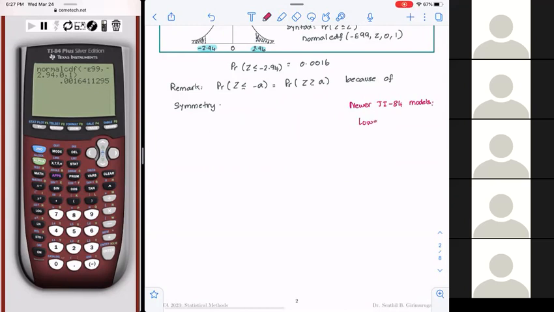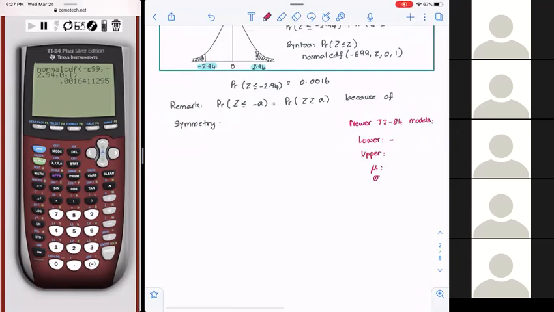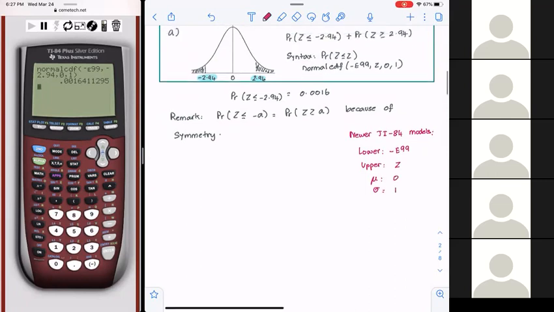The screen would look like lower, upper, I believe mu and sigma. So all you have to do is enter lower to be negative E99, upper to be the Z value, in this case negative 2.94, mean is 0, standard deviation is 1.